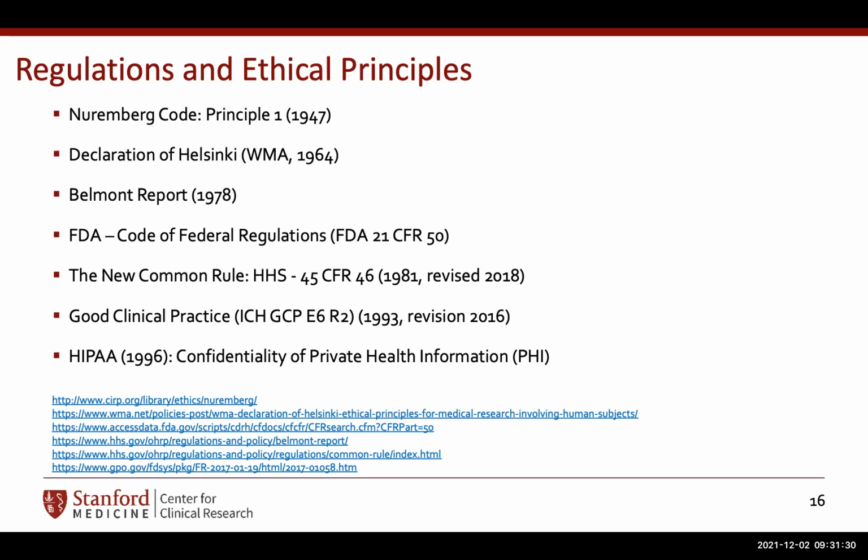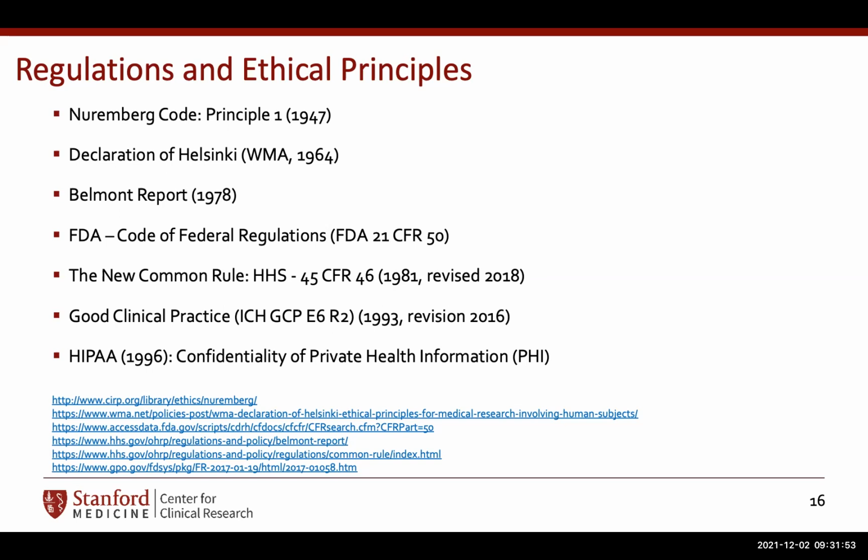The Belmont Report was written in 1978, really following the Tuskegee syphilis study. There were various steps for why the Belmont Report came into being, and we'll talk about that in a couple slides. I've talked already about the FDA CFR and the Department of Health and Human Services CFR.